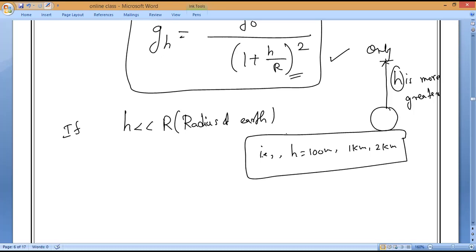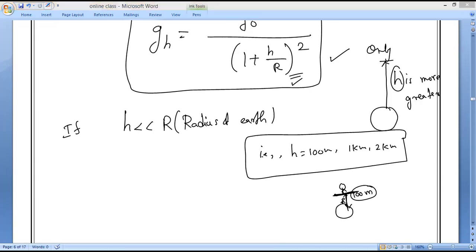Let me take Johan. Johan traveled just 100 meters above the ground, and he wants to know the gravitational force of attraction at this height. Is it possible to use this formula? No, that is only for larger heights.